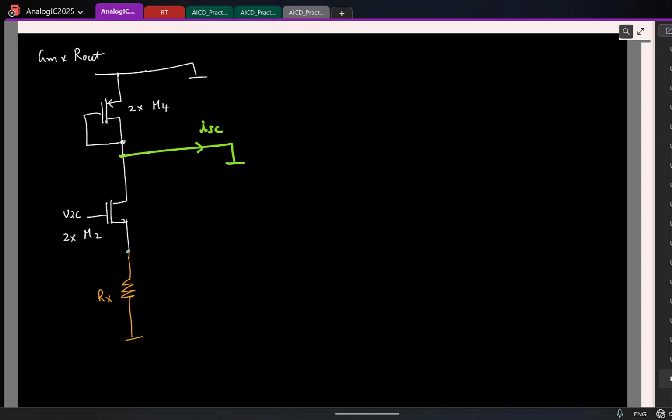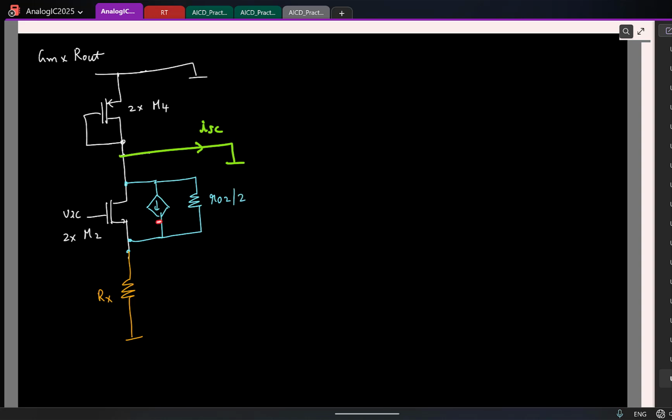Now again, for small signals, I will treat the transistor as a voltage controlled current source in parallel with an output resistance. Now remember, I have two transistors put in parallel. So what will be the effective value of this resistance here? Earlier for a single transistor it was R02, now it will become R02 by 2.